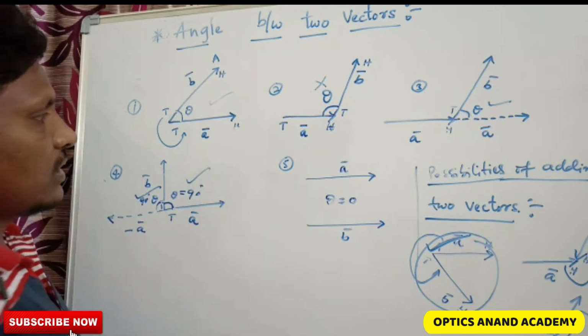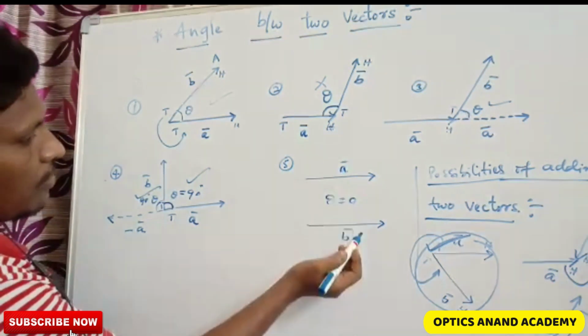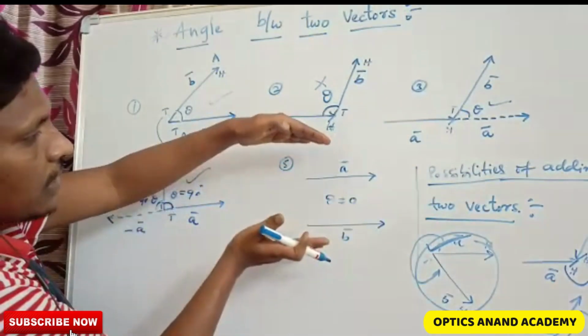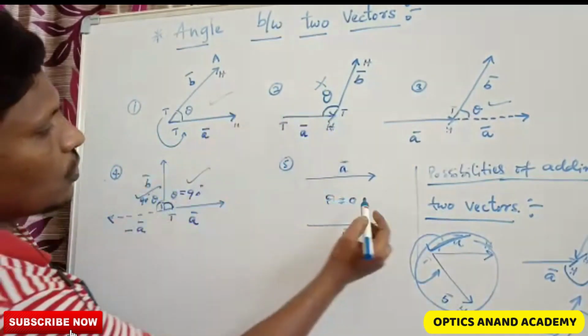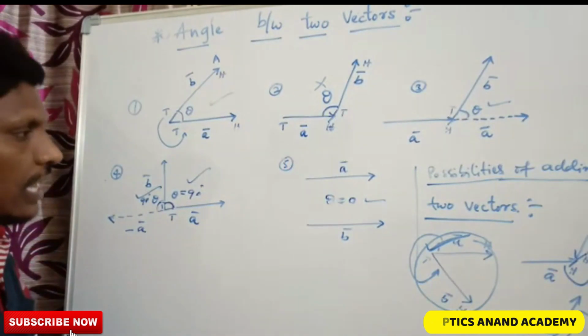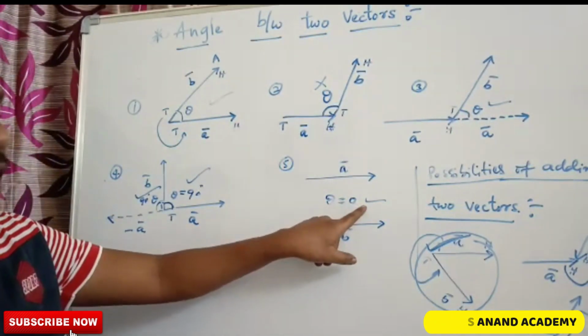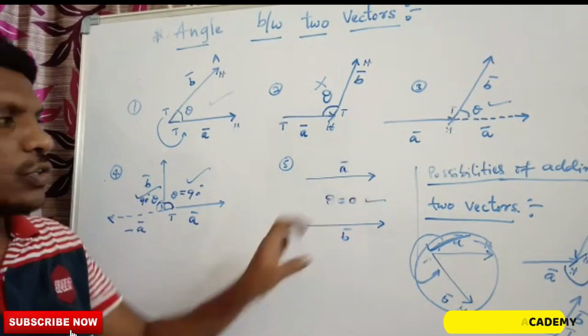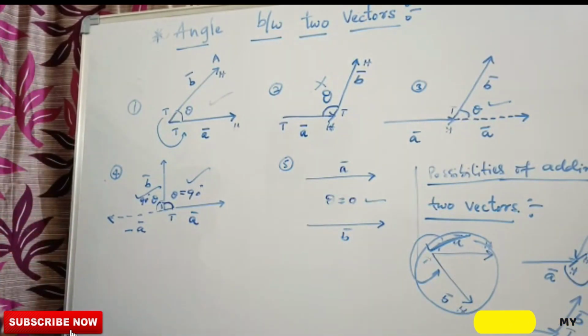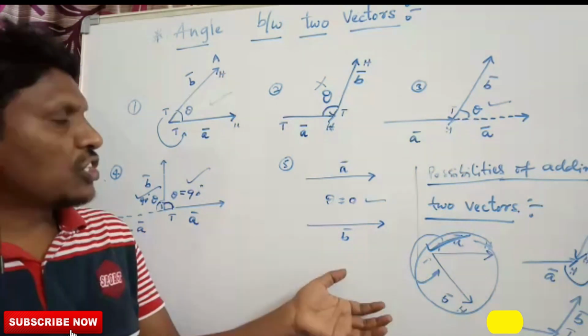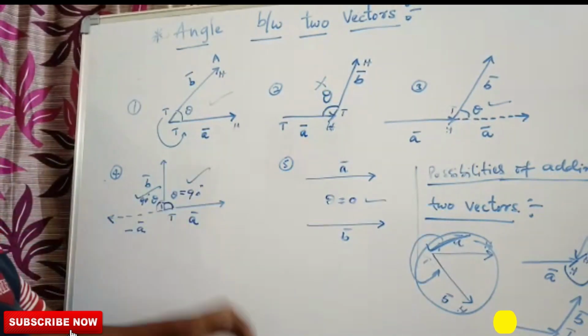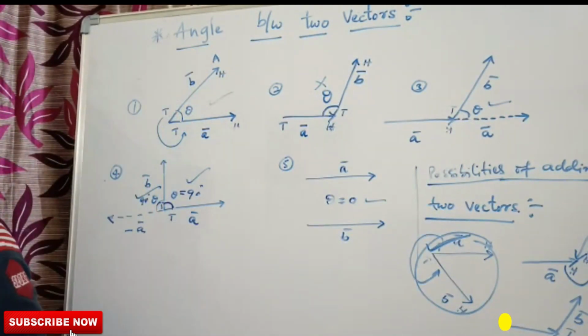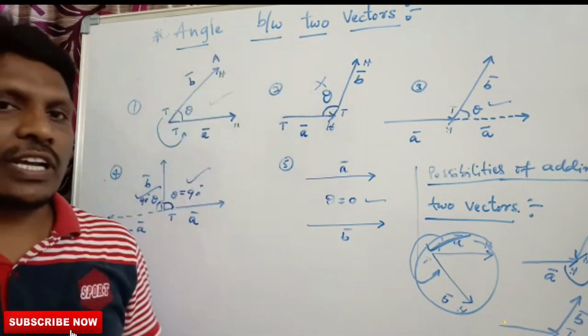Now the fifth one: A bar and B bar are vectors placed parallel to each other, so there is no angle. The angle will not be developed when two vectors are placed parallel to each other. These are some primary information to understand how to make an angle between two vectors.